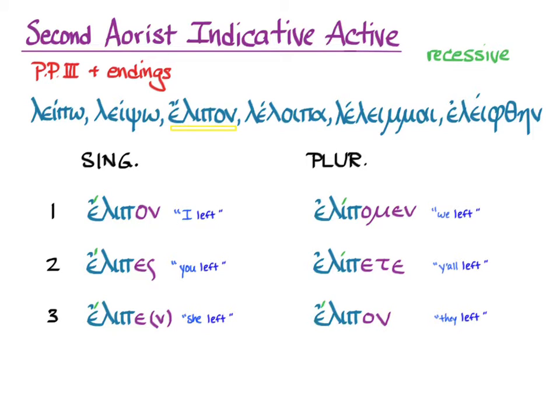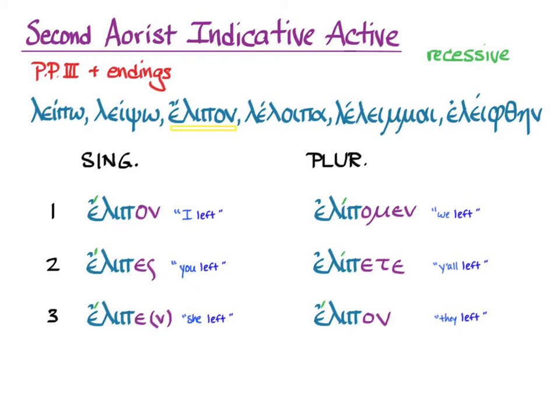So just as you did in the imperfect, you'll have to distinguish by context between elipon first person singular, I left, and elipon third person plural, they left, because the second aorist has the same duplication of endings that the imperfect indicative has in the active voice.